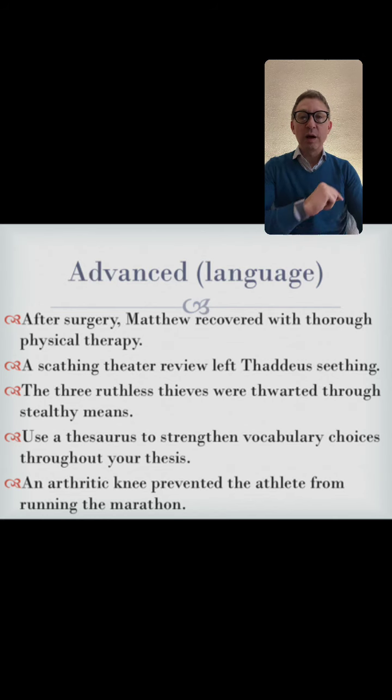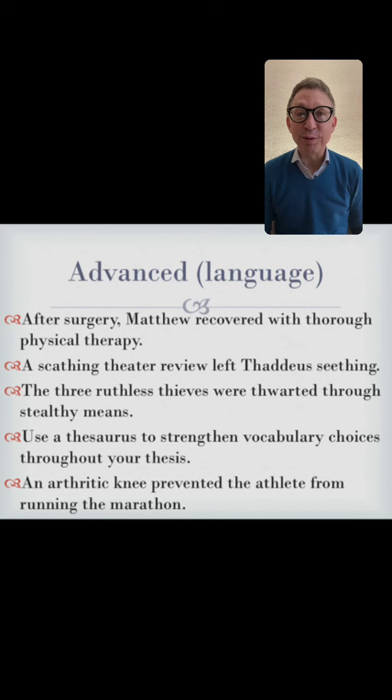Arthritic: old people will get this in their joints, the elbow or the knee, or the fingers. It's hard to move your limbs very freely. That's arthritis, arthritic. Athlete, we know athlete, and marathon, we know that word. An arthritic knee prevented the athlete from running the marathon.